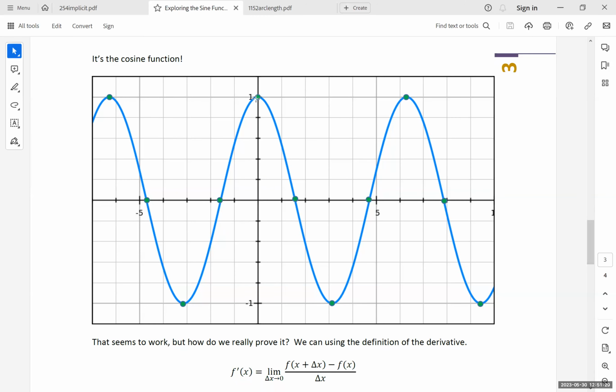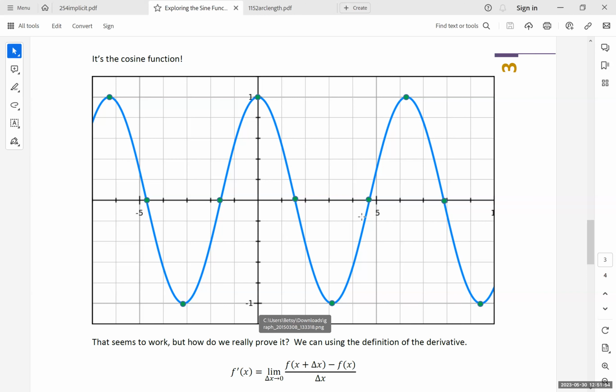So here is our derivative at 0: the derivative at sine of 0 is 1. And at pi over 2, we had a 0 derivative because the slope was horizontal. And then at pi, we had a -1 derivative.